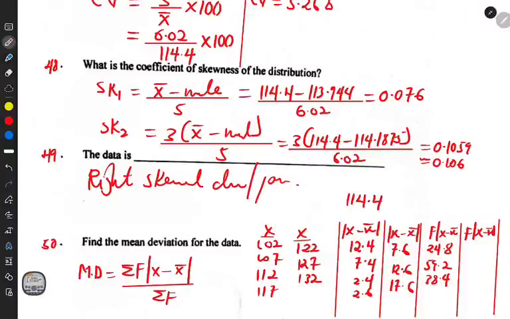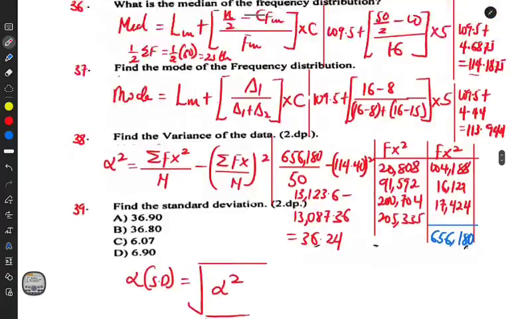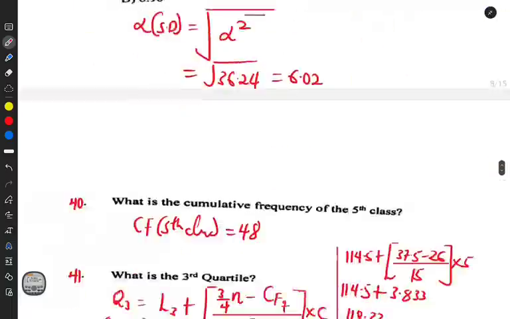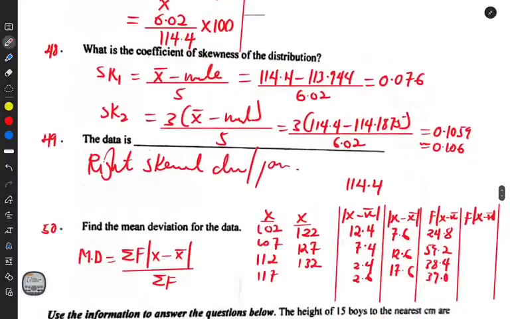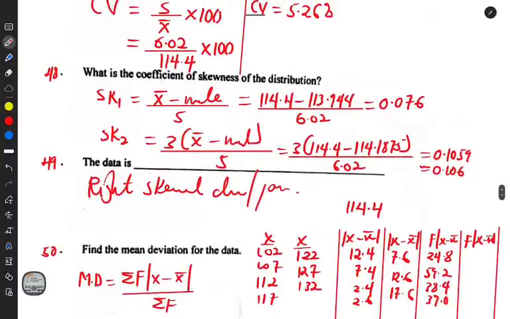The fourth frequency was 15 multiplying 2.6, which gives 39.0. Then 7 multiplying 7.6 gives 53.2. Then 1 multiplying 12.6 gives 12.6, and 1 multiplying 17.6 gives 17.6.